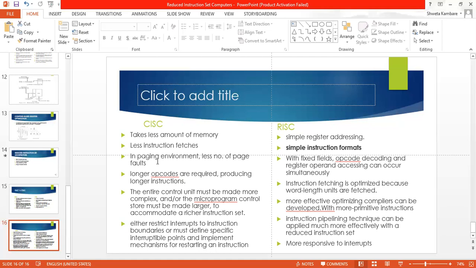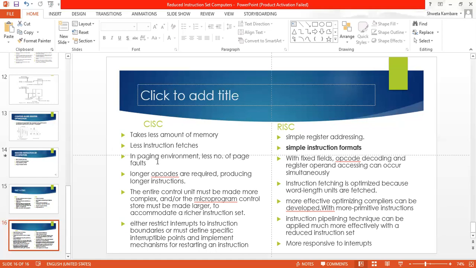You can specify some points where you can check for interrupts while the instruction is being executed, and you can also specify some mechanism like storing the instruction status and then resuming the instruction after the interrupt is processed. Okay, so this was all about CISC, complex instruction set computer.